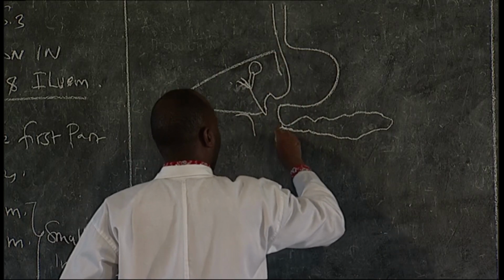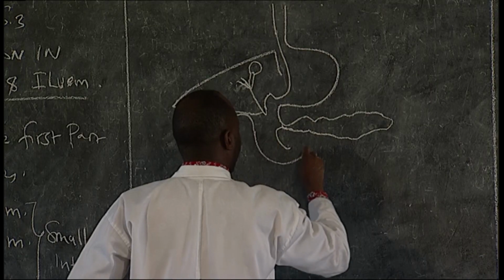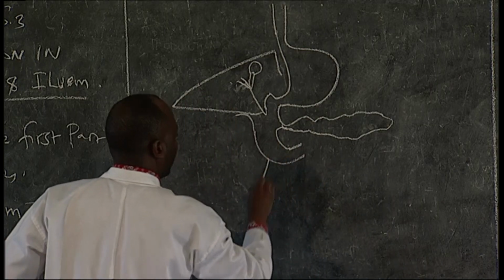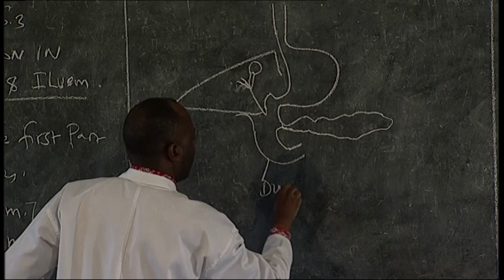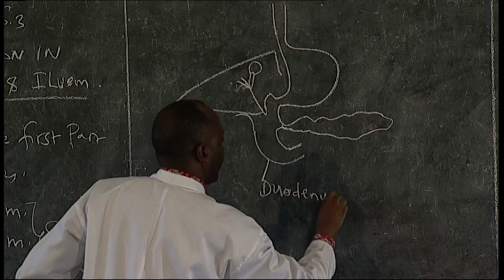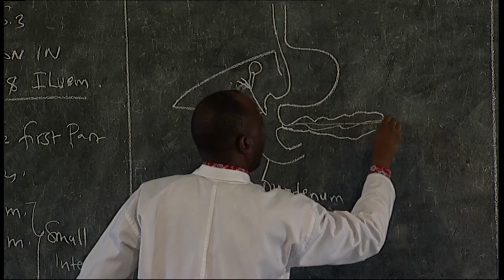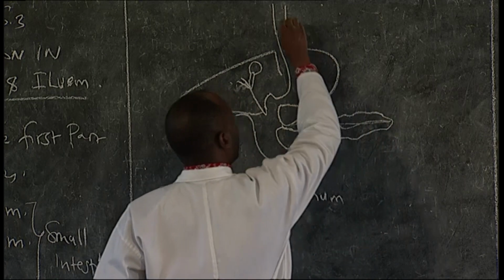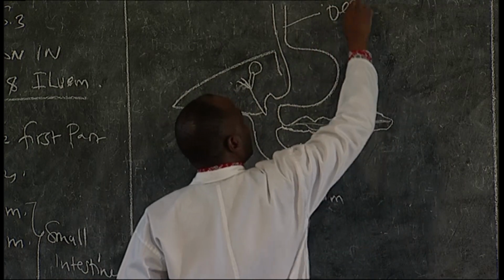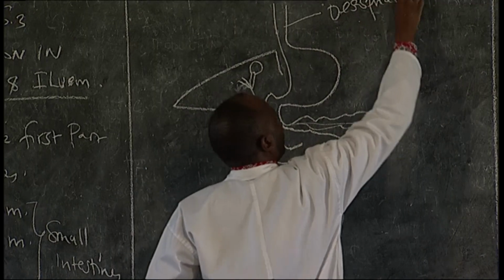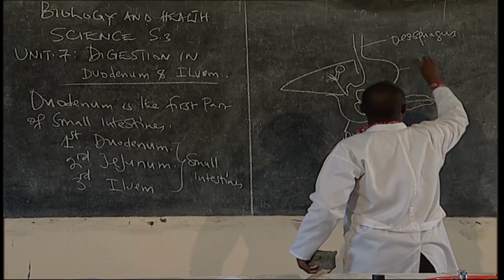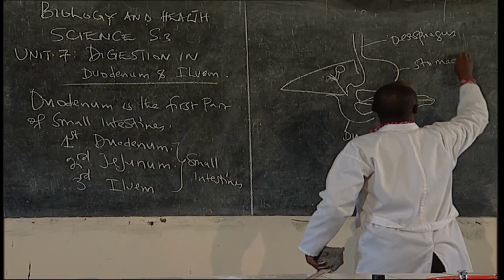So from there, we have the first part of the small intestine, which is the duodenum. I can say this is the duodenum. And this is the pancreas. This one is the esophagus. Now this is the stomach wall.